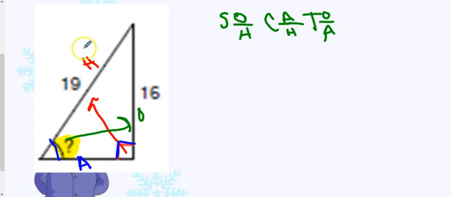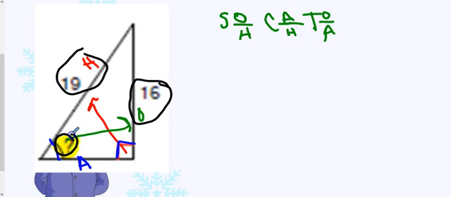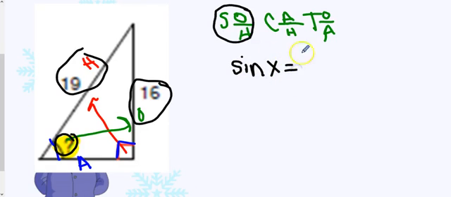Okay, then I'm going to circle what I do have information on. I have information on H, I have information on O, and I've got my reference angle there that I don't know. So that is sine because it's O and H. So sine of our angle, which we don't know, so it is X, is equal to 16 over 19.